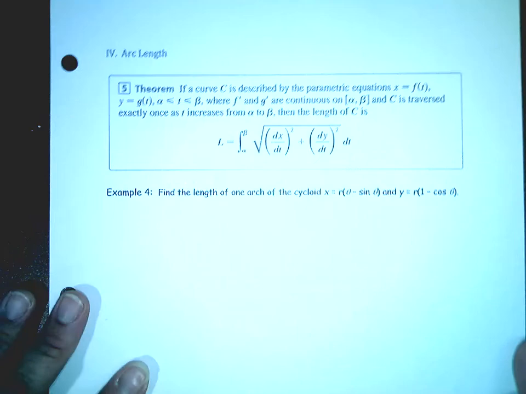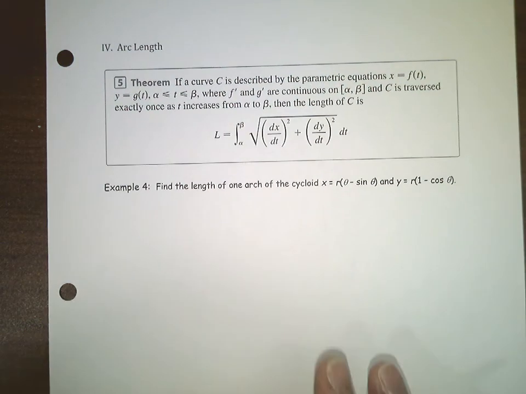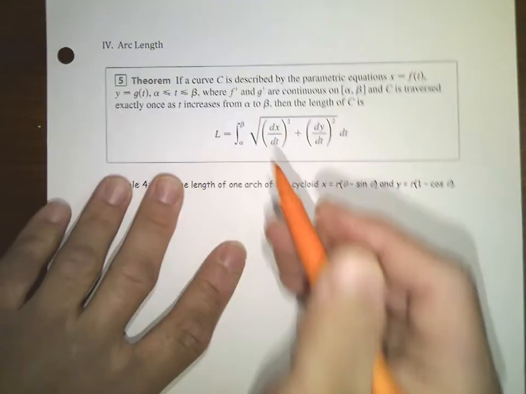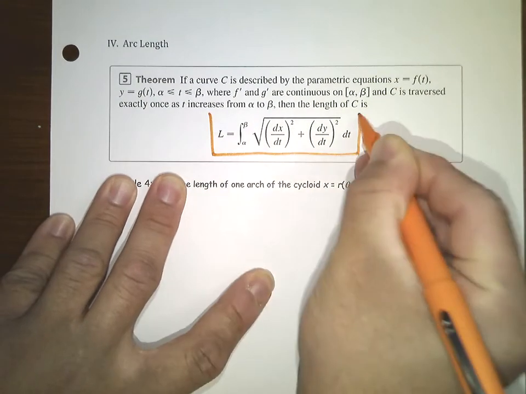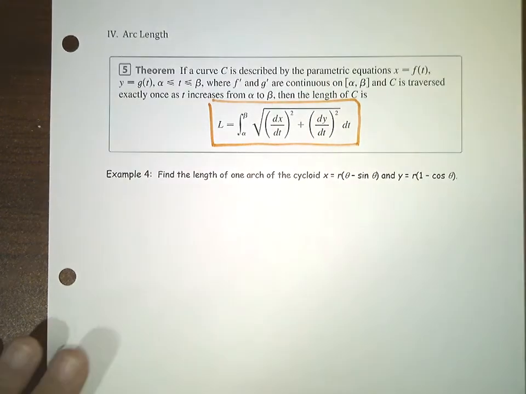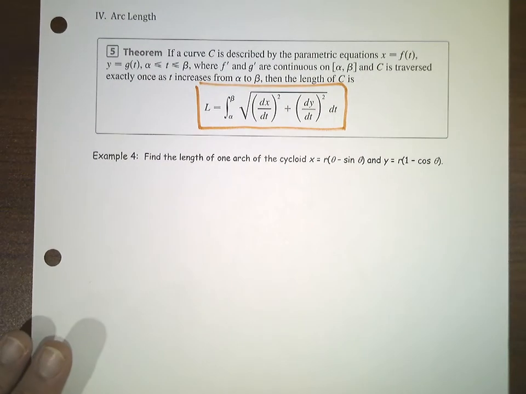If we want to find the arc length, here is a theorem to find the arc length. Find the arc length of one arch of the cycloid x equals r times theta minus sine of theta, and y is equal to r times 1 minus cosine of theta.